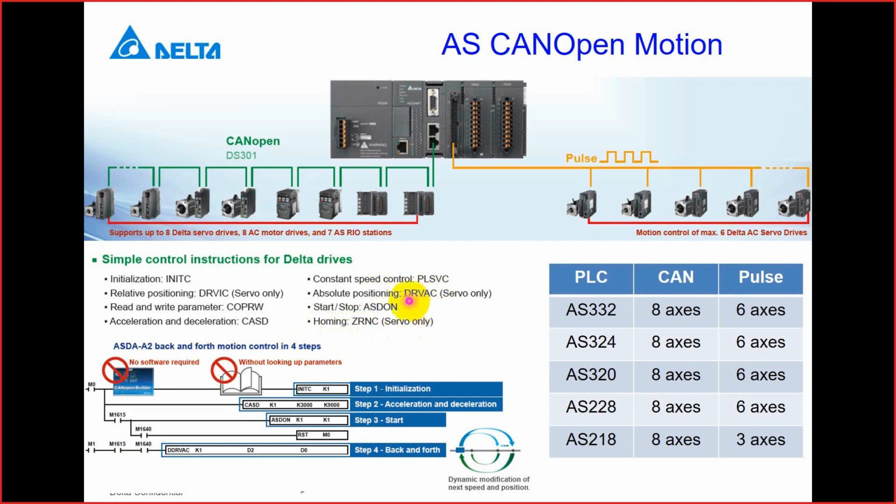And we also have the DRVI or DRVA in DVP. So here we just add on C means CANopen. So DRVAC or DRVIC means the relative or absolute positioning. Then this one is the same as we add on C in the end, like PLSV, PLSVC means CANopen speed control.